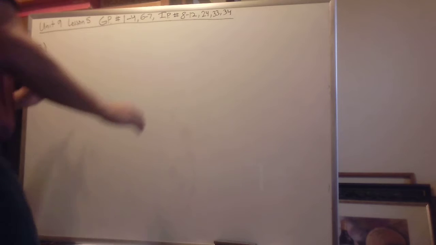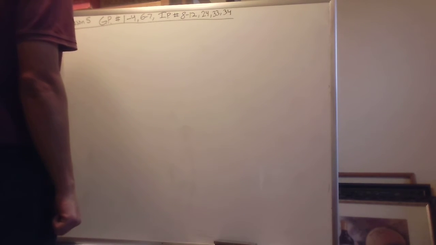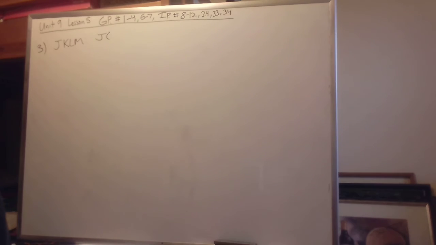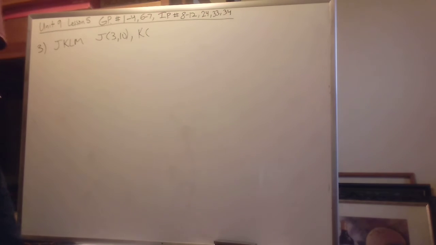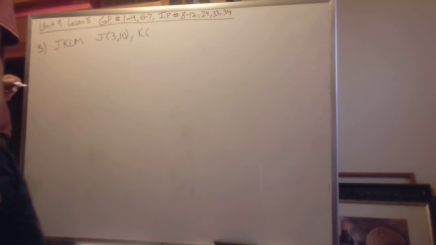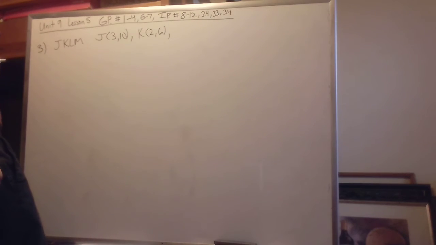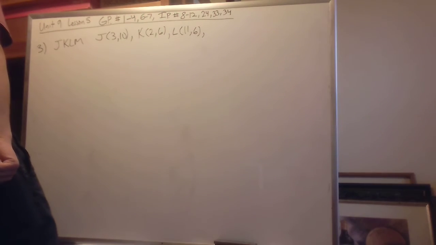So what we're going to do is we have a quadrilateral JKLM, and J is at, again, (3, 10). K is at (2, 6), and L is at (11, 6). And M is at (8, 10).